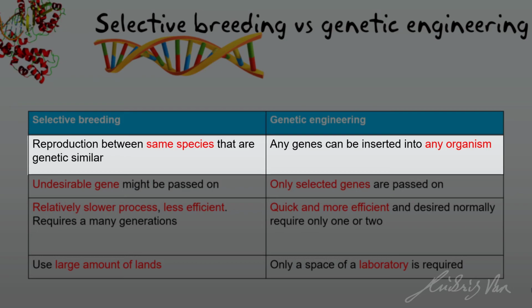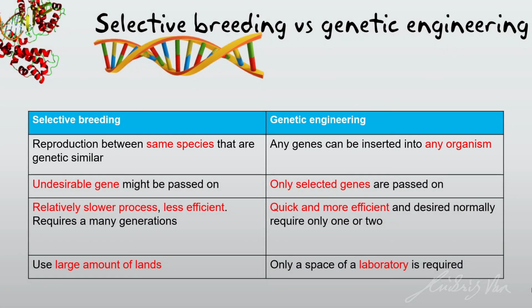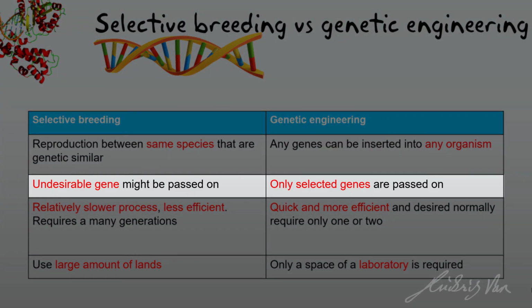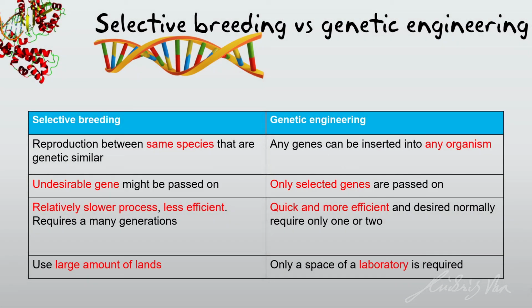For genetic engineering, any gene can be inserted into any organism. Animal genes can be inserted into plants, which is why vegans are complaining. During selective breeding, undesired genes might be passed on. For genetic engineering, only genes which are selected are being passed on.